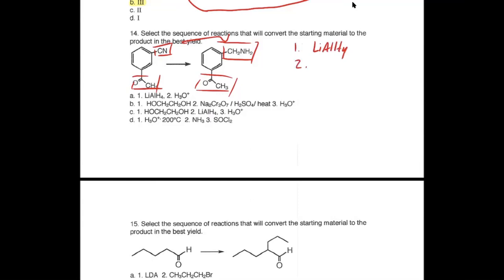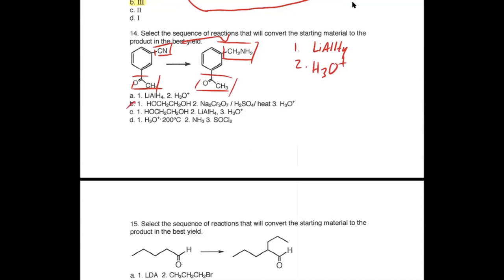Yeah, specifically, for sure. And even if you were unsure, remember, this is multiple choice, right? You see in B that we have an oxidizing agent, so that can't be the case. We could knock that out.